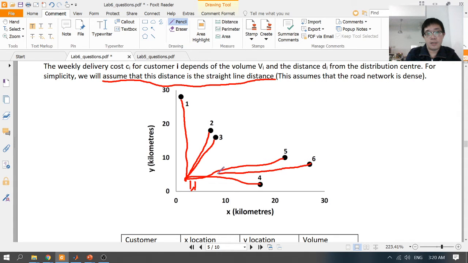So just bear with me with this not so straight line, assuming they are all straight lines, okay? So these are the 6 straight line distances from this particular location to all 6 customers.